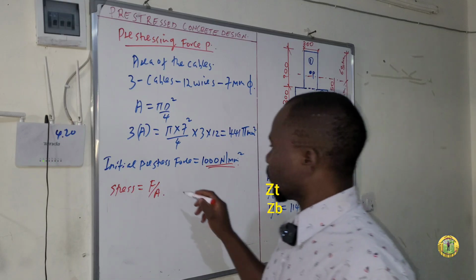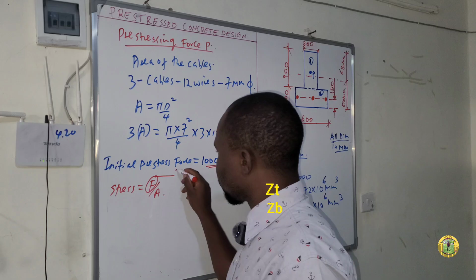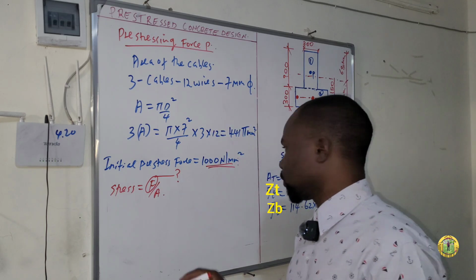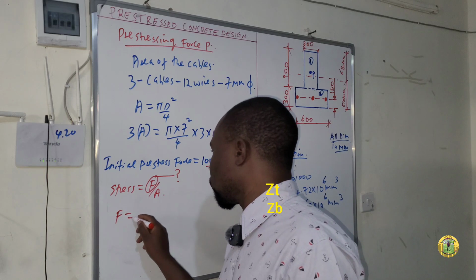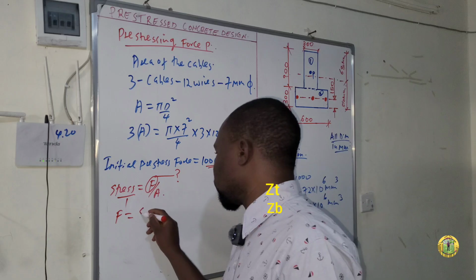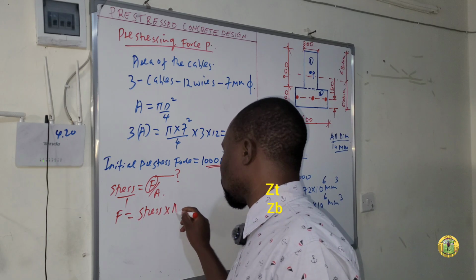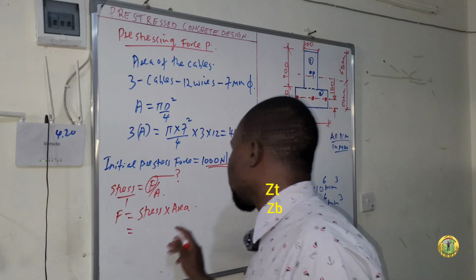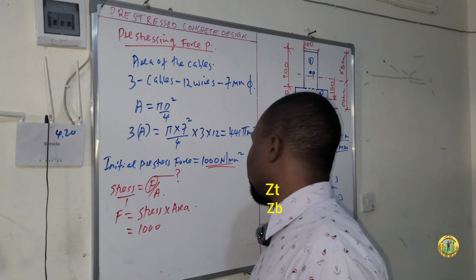So we are interested in this force. This is what we are looking for. So make F the subject of the formula. So F is equal to stress times area. So our stress here is 1,000, like that.